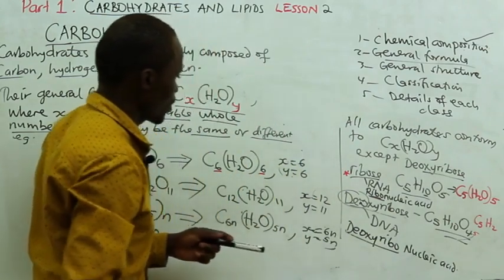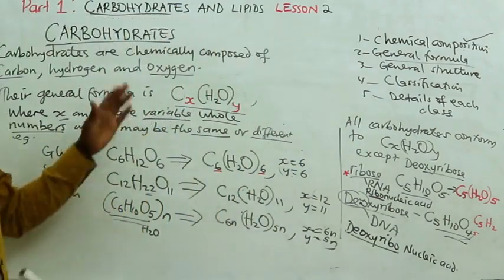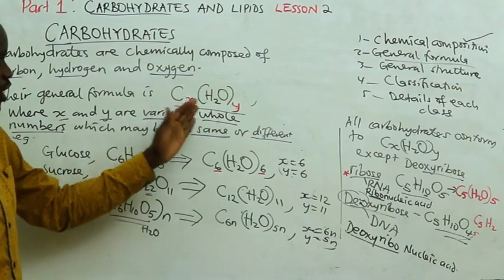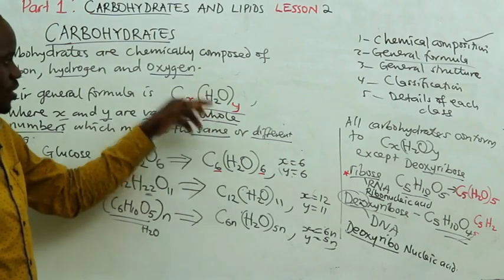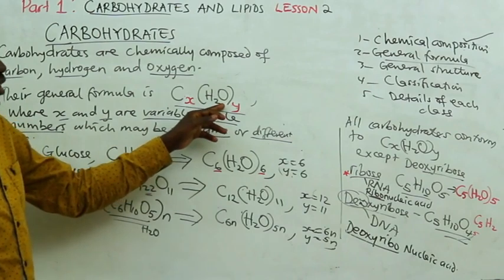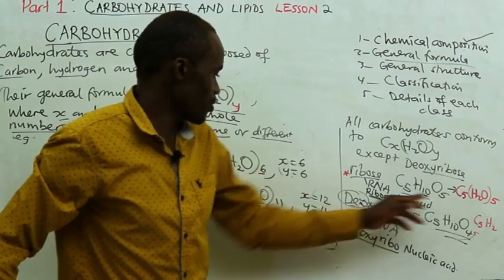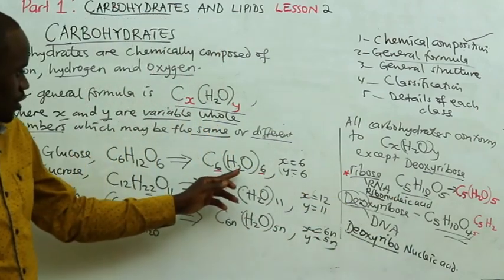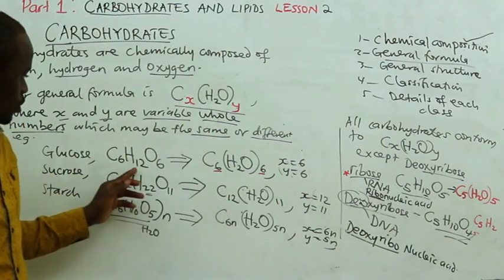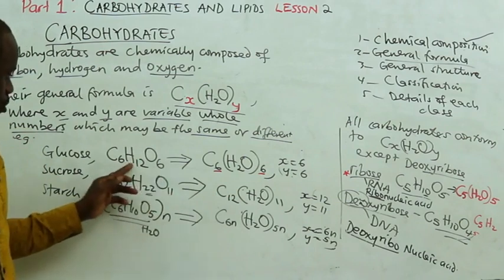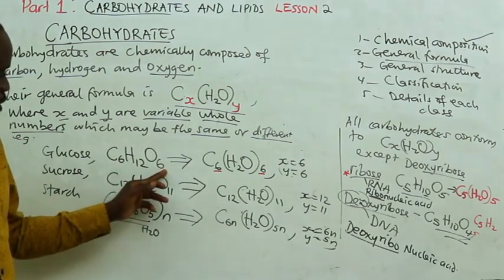Because in each carbohydrate, the number of hydrogen atoms is supposed to be twice the number of oxygen atoms. So here, this is 5, this is 10, 5. If you have seen it also here, this is 12, this is 6. So the number of hydrogen atoms is twice the number of oxygen atoms.